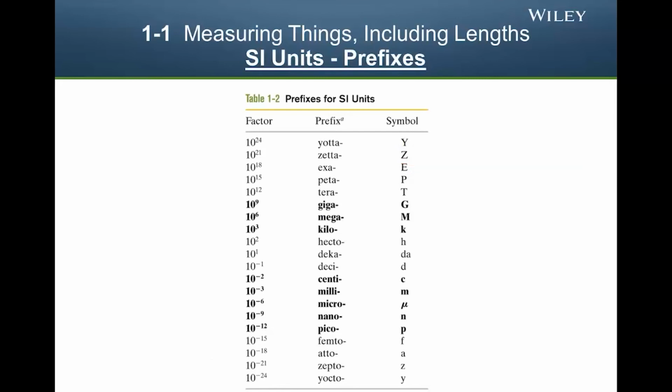Okay, so this has to do more with scientific notation, that kind of thing. You get these prefixes that are added on, and you may be used to a lot of these because of computer data sizes these days. You get kilobyte, megabyte, gigabyte. We're getting into terabytes now.